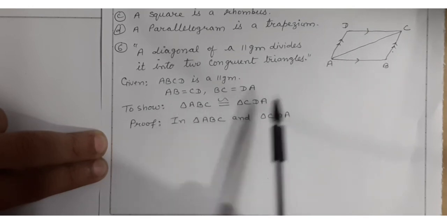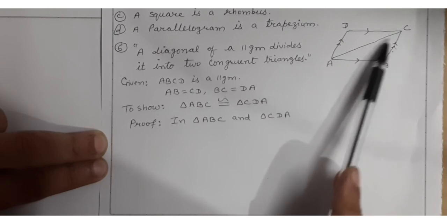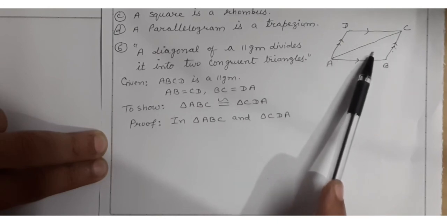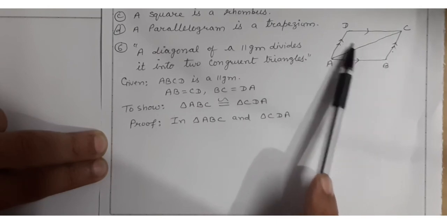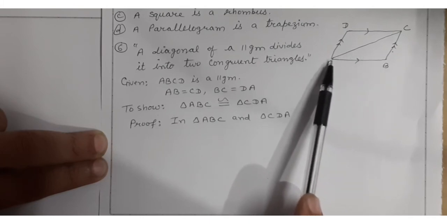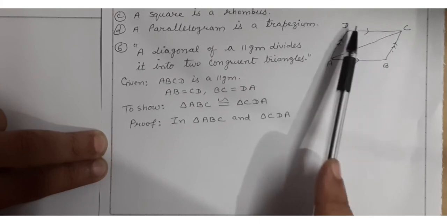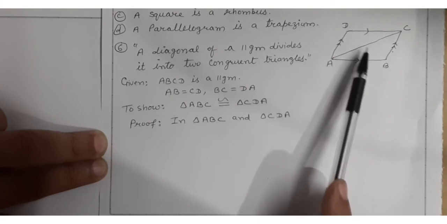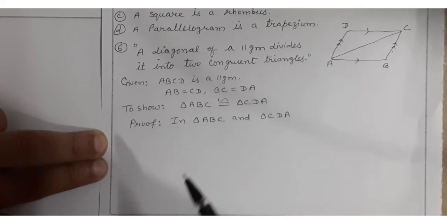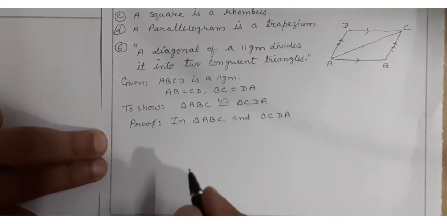So what you have to show is that this diagonal divides the parallelogram into two congruent triangles. One triangle is ABC and the second is CDA. I have to prove these two triangles congruent. Now I am taking these one by one.